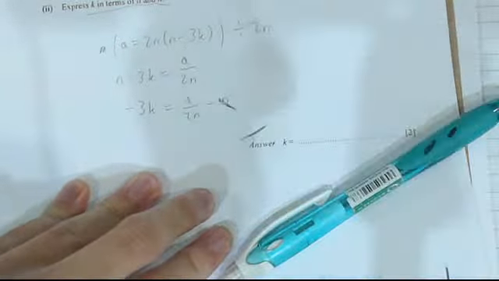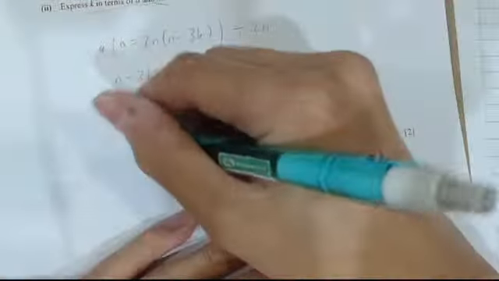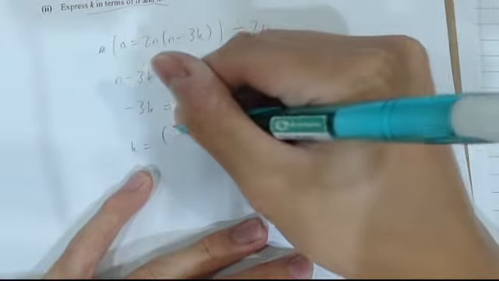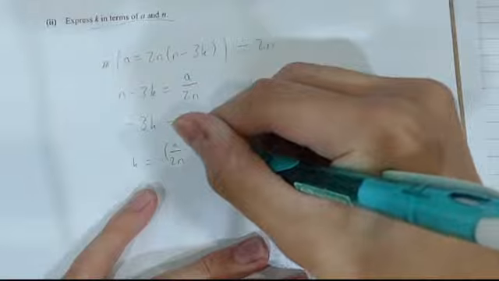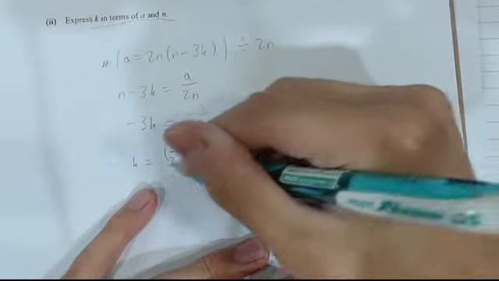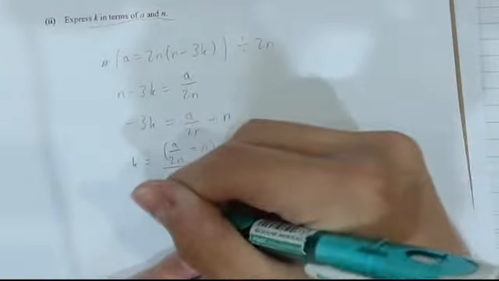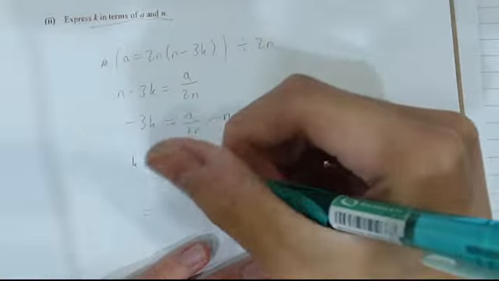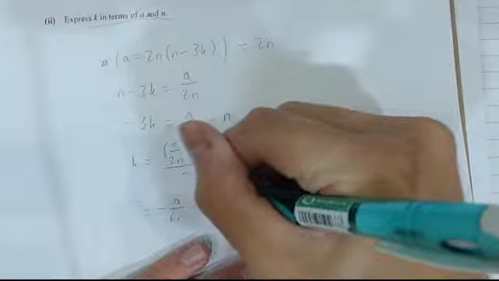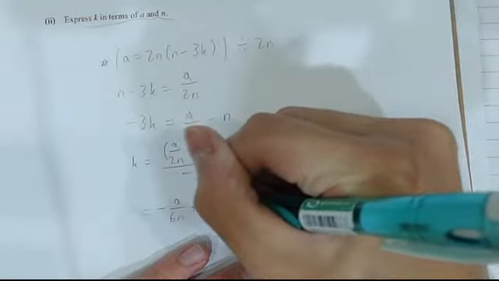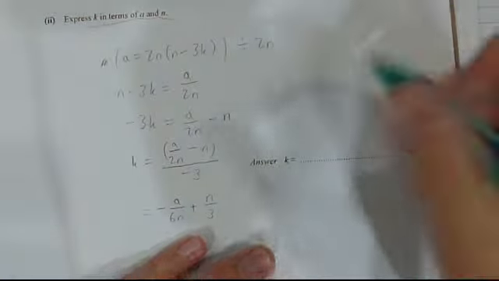I should be more clear. And we get plus n over 3, sorry, the negatives cancel.